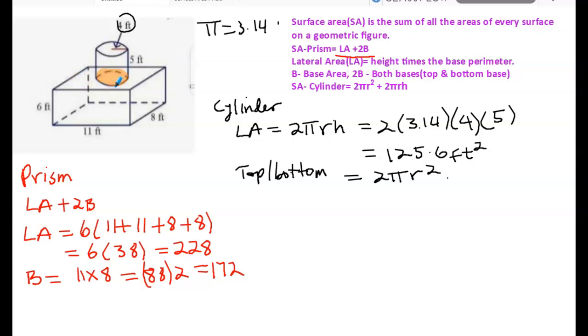We would have to count it twice because the cylinder is sitting on the prism. That portion of the cylinder and that portion of the prism has to be taken out. So we don't need to include the top and the bottom of the cylinder, because of that section.